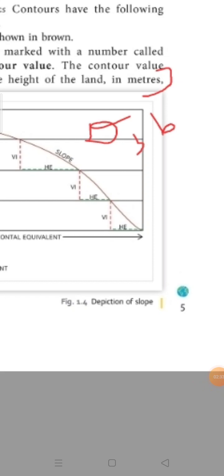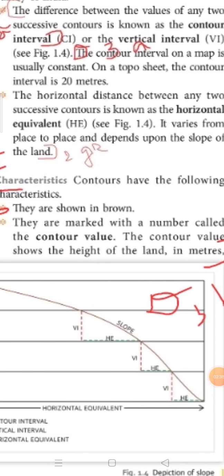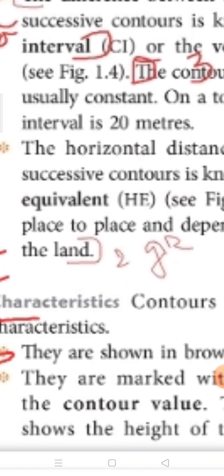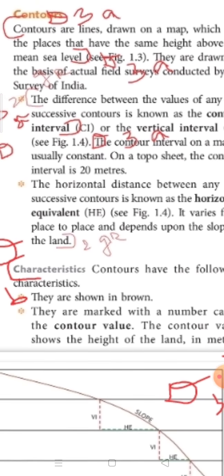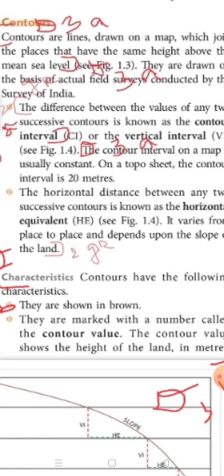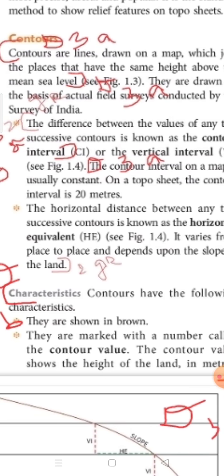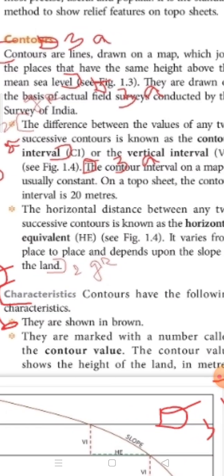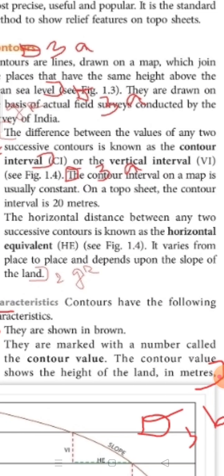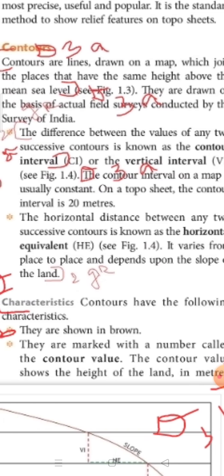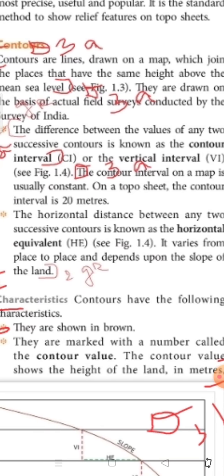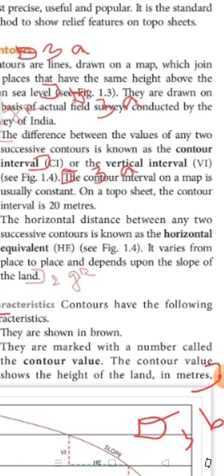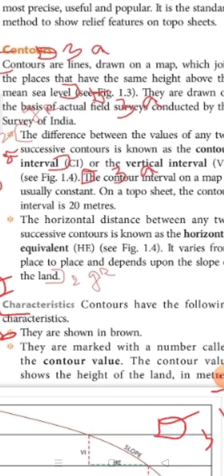You come to page number 5. Here you see: the difference between the value of any two successive contours is known as the contour interval or the vertical interval. The contour interval on a map is usually constant.